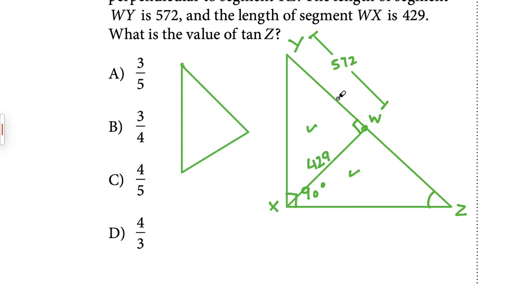Let's see what we can do, because I have drawn a small triangle. The purpose behind this is that in this triangle values are given to me, right? These two values are given to me, 572 and 429. So the first idea I am getting from here is, why not take this small triangle, and because tan Z is asked, take one full triangle?